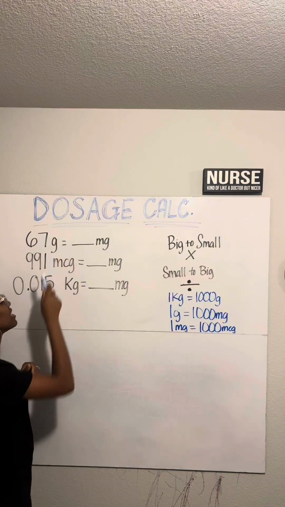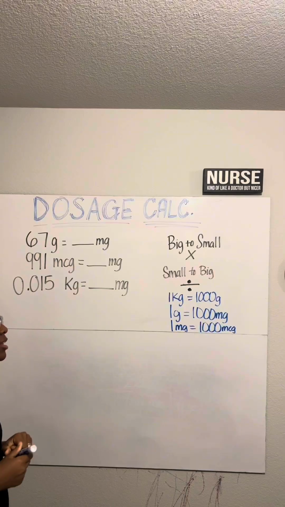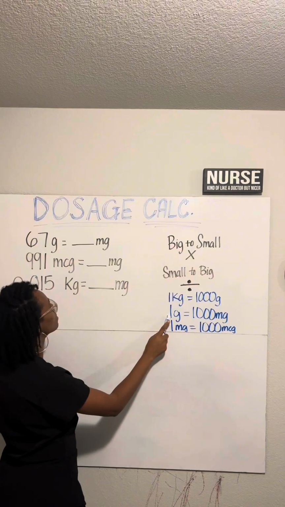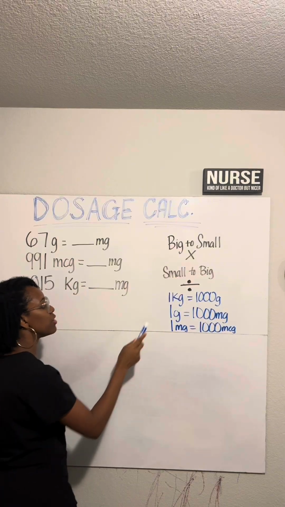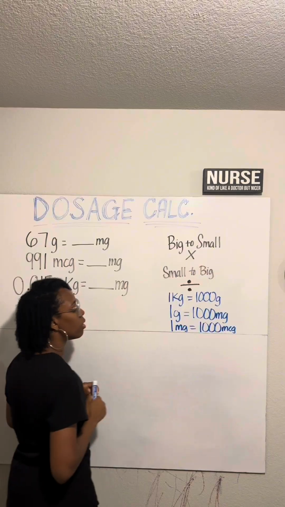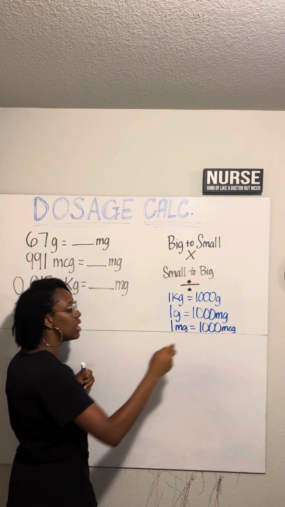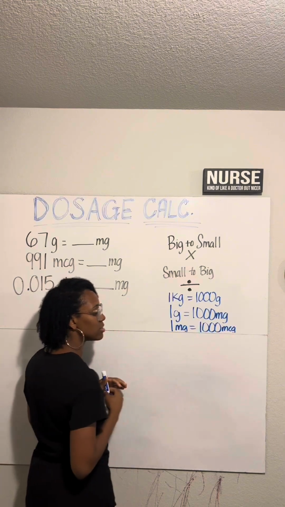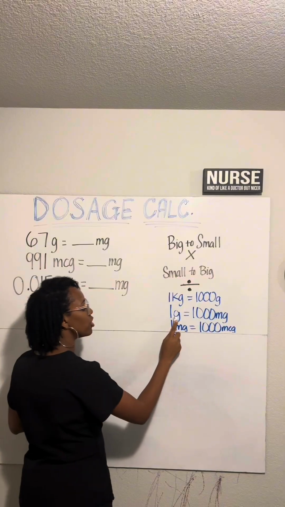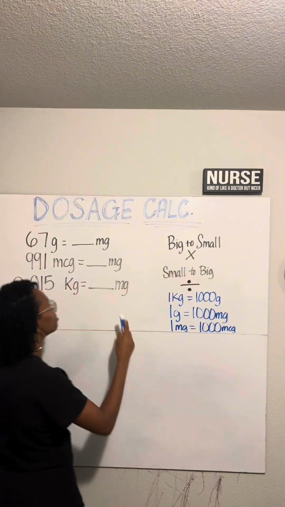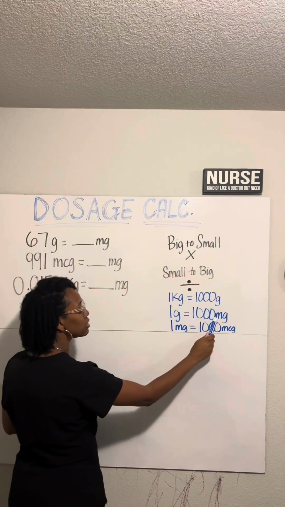Let's see. 67 grams equals how many milligrams? So we already know that grams, which is right here, to milligrams. So this is going to be from a big to a small. All right. This is the biggest right here, kilograms, kilo, and micrograms, meaning smaller. So grams, if 1 gram equals 1,000 milligrams, that means we're going from big to small.